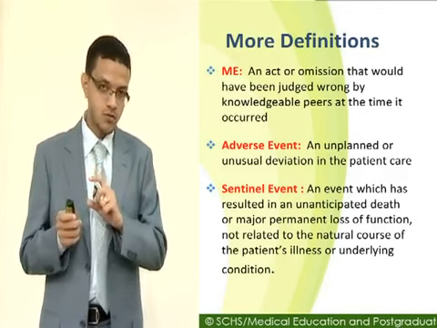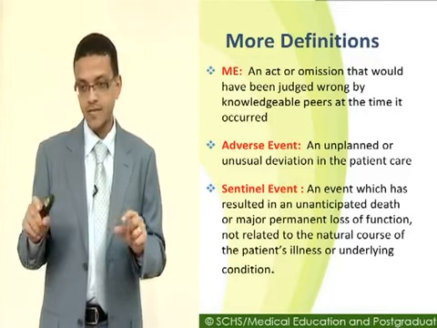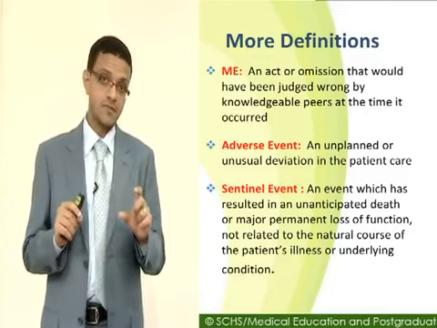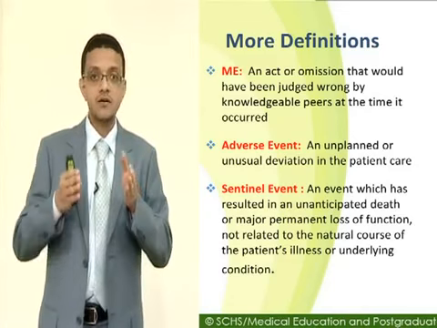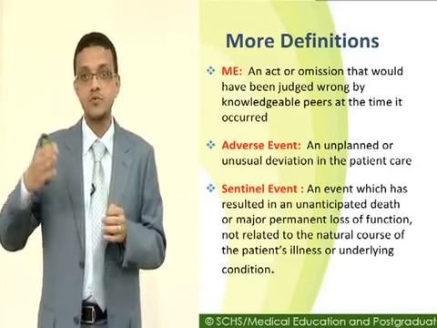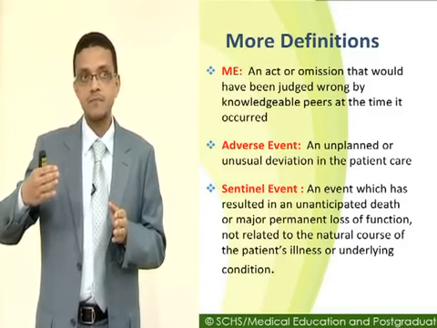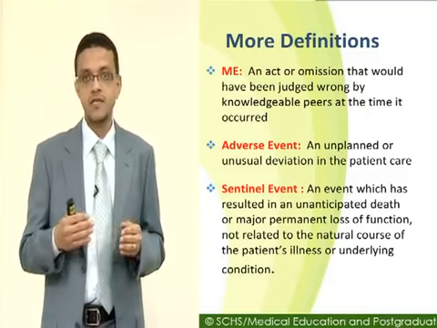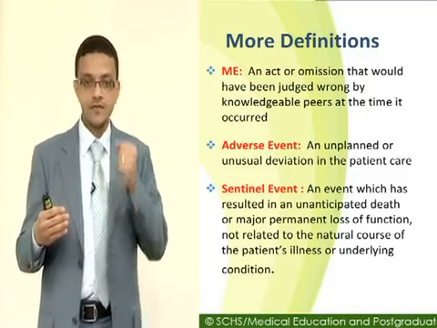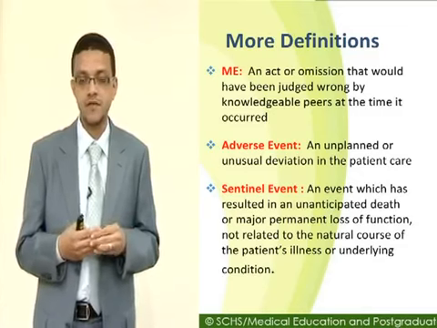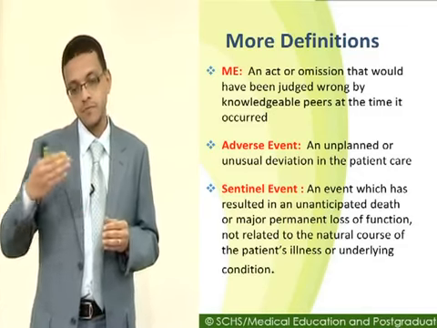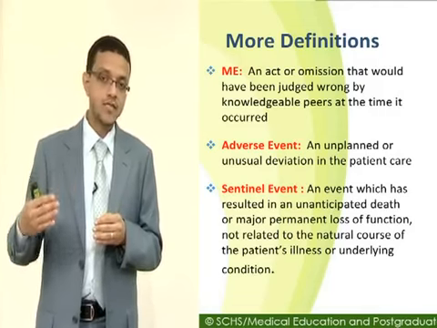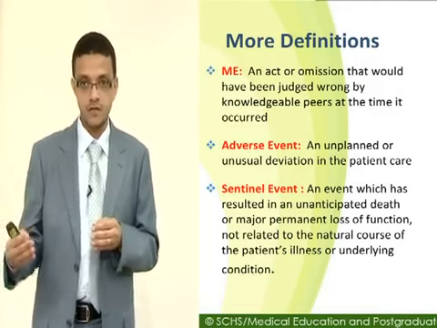And it's very important actually to emphasize the last part of the definition, which is not related to the natural course, because some diseases, some conditions by themselves can lead to death or severe impairment. For instance, if someone has renal failure, chronic or even acute, and the management did not work well, it's well known that renal failure could lead to permanent loss of renal function.